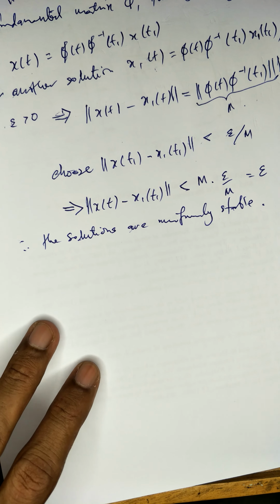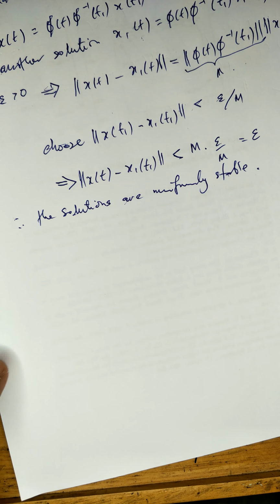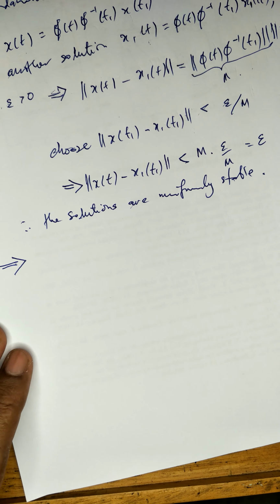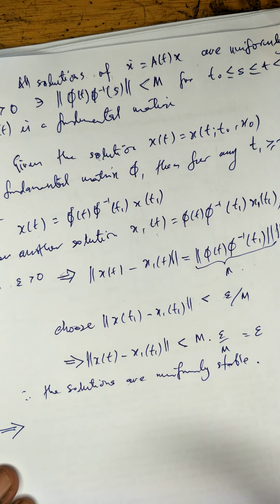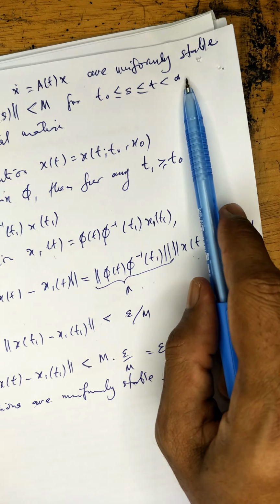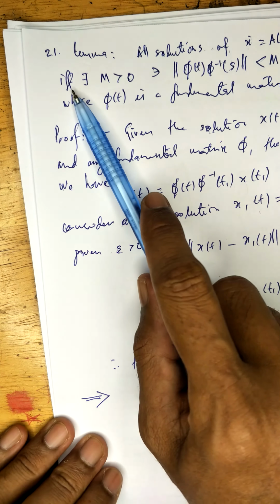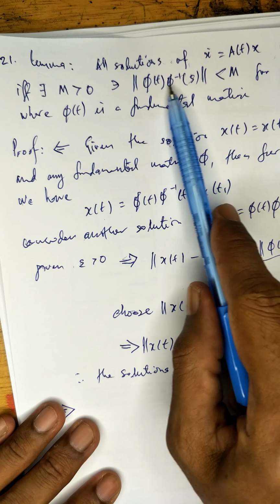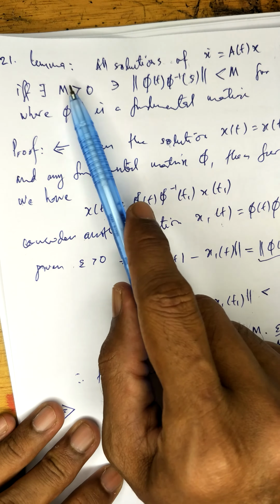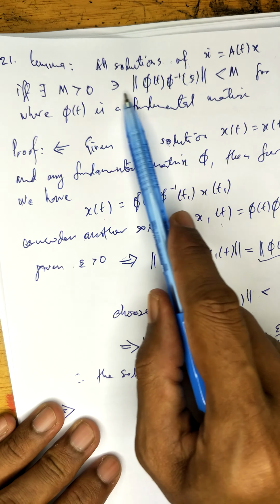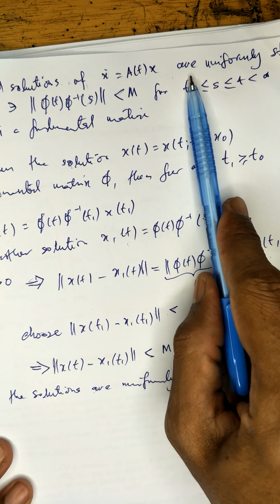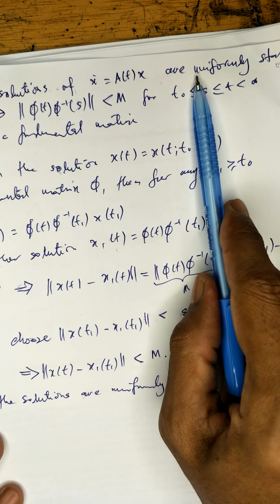Okay, now what about the other way around? Because in this lemma we have if and only if, the first part that we proved, from right to left, means we have M positive satisfying that, and then we showed that the solutions are uniformly stable.